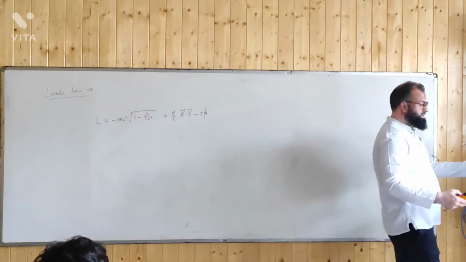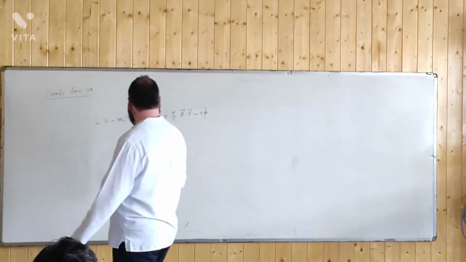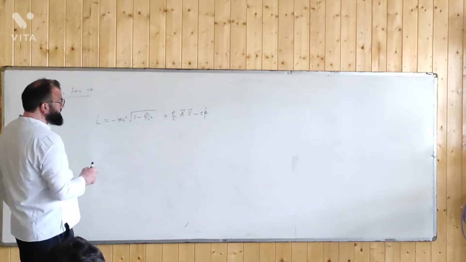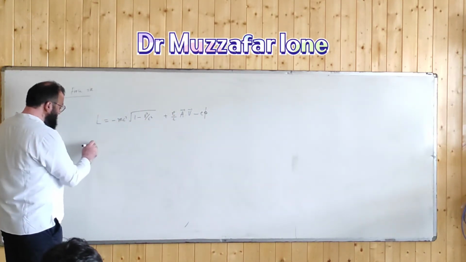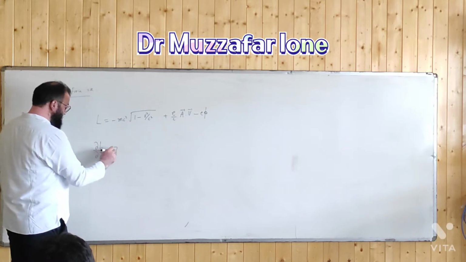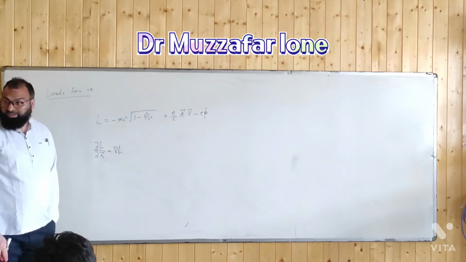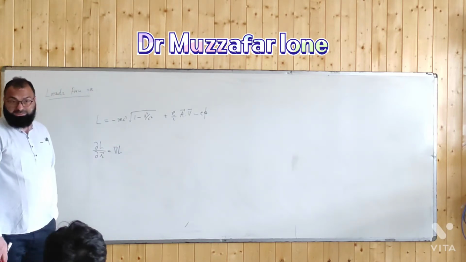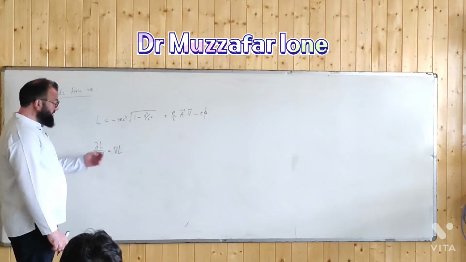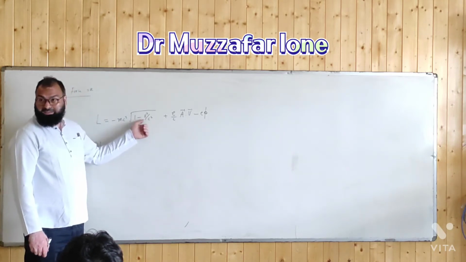It's a little bit tricky. Let's calculate this partial L by partial R, which I can simply say is actually the gradient of L. Is it true? So I can say it as a gradient. Now look here, velocity does not have the explicit R dependence.